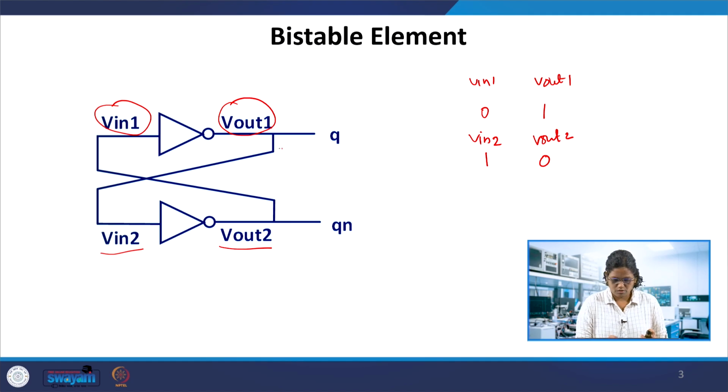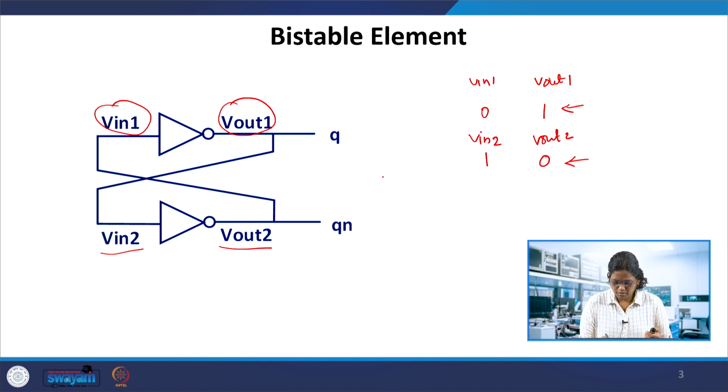So here you have one output, Q, which is 1, and another output, Qn, which is the complement of it. So there are two stable states. Normally in flip-flops and latches we have these two stable states.